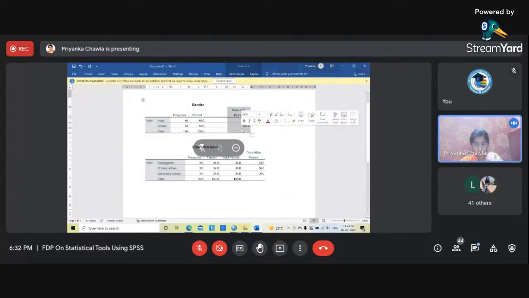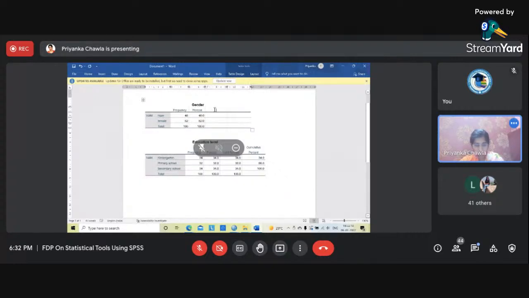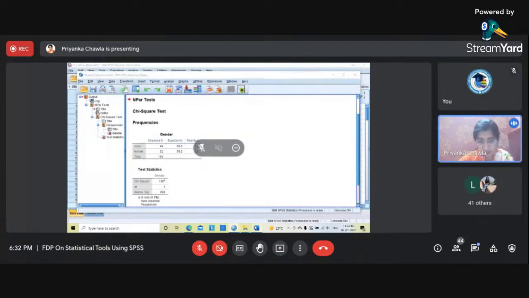This is also not required. So we will report this chi-square value. The chi-square value is 0.160. And we will report this p-value, that is 0.689.